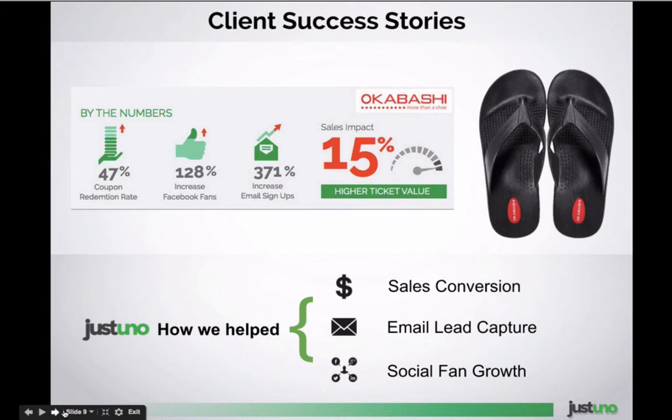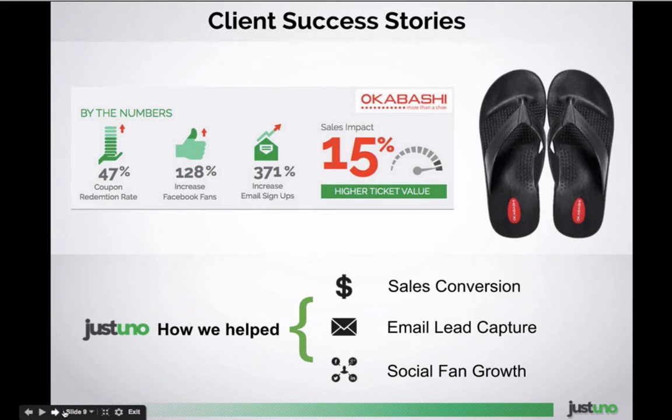Now, the thing about email is it's the best converting social channel. Now, I just called it a social channel, which might confuse some people, but what I mean by that is, if you think about it, it's kind of like the original social connection, digitally at least. We see a 7% conversion rate over the lifetime value of email subscribers. Now, that means out of the 100 people that join the list, if you're doing good, smart email marketing, you can get up to 7 sales from those 100 email addresses that you just collected.